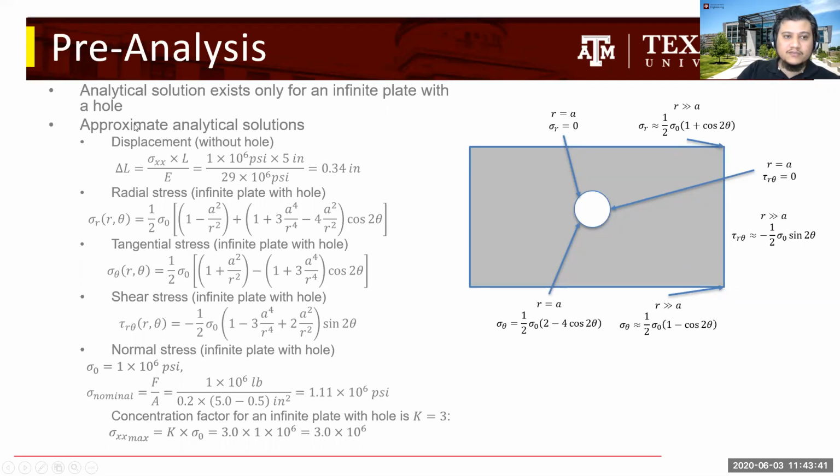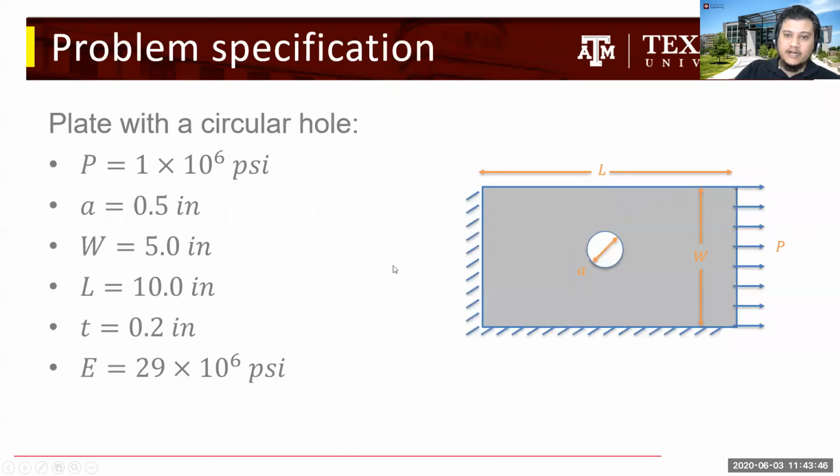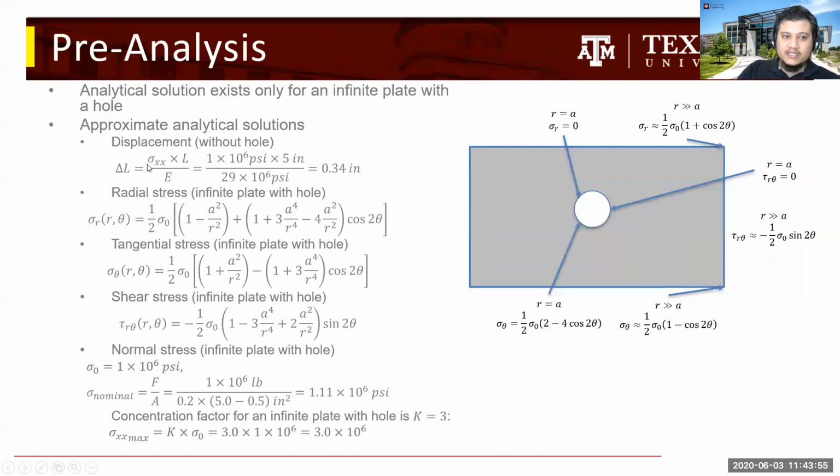Under the loading condition which I've already mentioned, where we are loading this plate of this dimension with this much load, how much displacement do we expect out of this applied load, and how much deformation is going to be there in the plate? Specifically, we are going to be interested in the change in length of the plate, so how much the length has increased due to the application of the load.